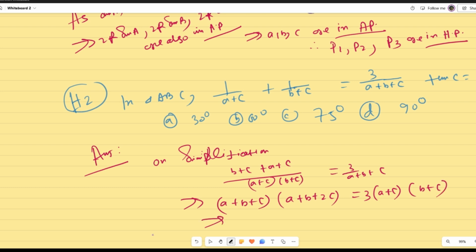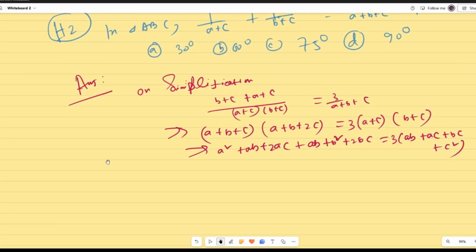Just open the brackets. A square, AB, 2AC, AB, B square, 2BC, equal to AB, AC, BC plus C square. Clear?